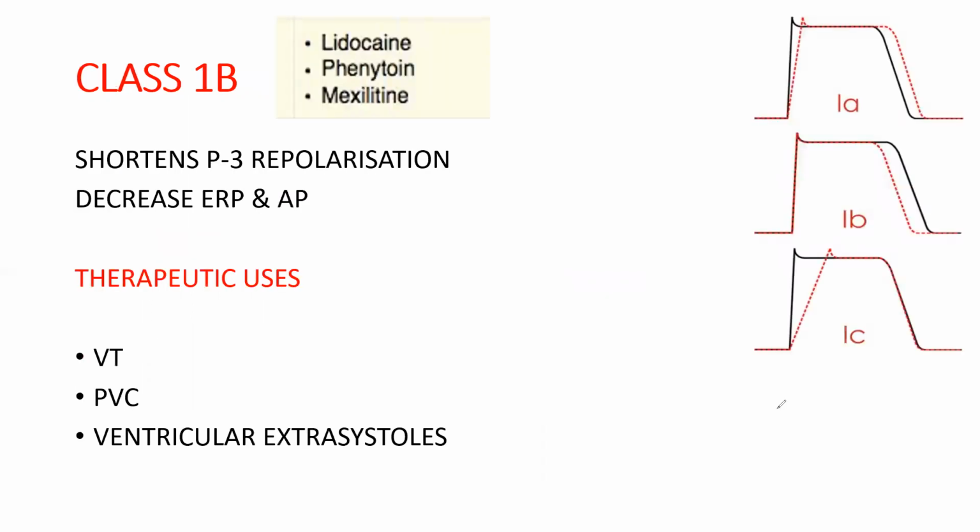Coming to class 1B, it includes lignocaine or lidocaine, phenytoin, and mexiletine. What are the properties of class 1B drugs? They shorten the phase 3 repolarization. This is the normal one, but here it shortens, coming up to here only, this pink one.